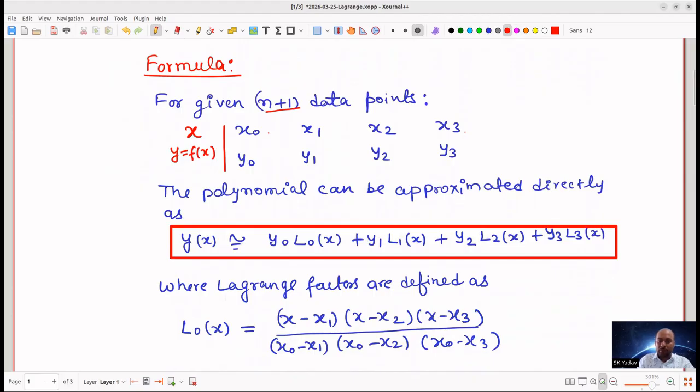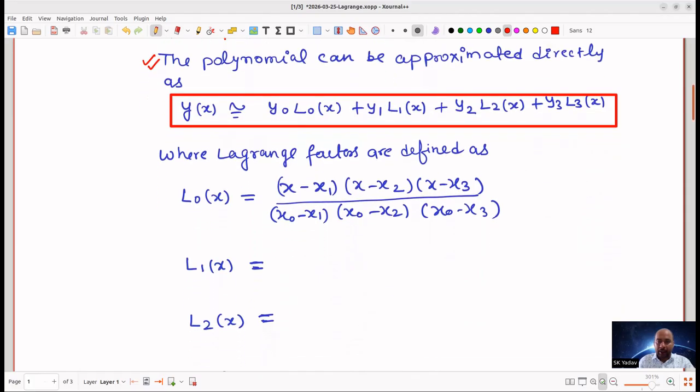Then using this interpolation, the polynomial can be approximated by this expression in the box: y0 L0(x) plus y1 L1(x) plus y2 L2(x) plus y3 L3(x). If I have more terms, then I have the next terms y4 L4(x), y5 L5(x) and so on. We are restricting ourselves to x3 and y3.